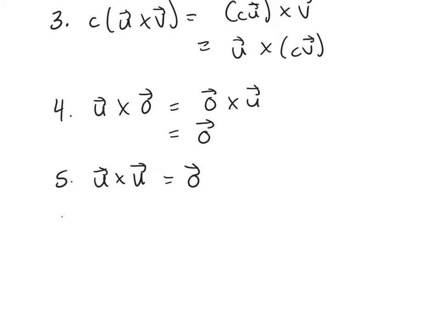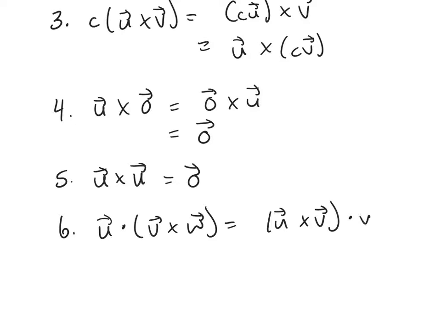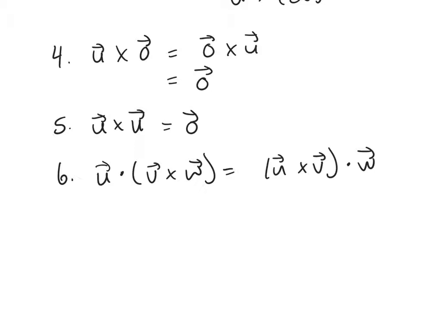And then finally, if I take the dot product of a cross product, it's the same thing as if I switch the operations. If I take cross product and then a dot product. Okay, so those are the algebraic properties.